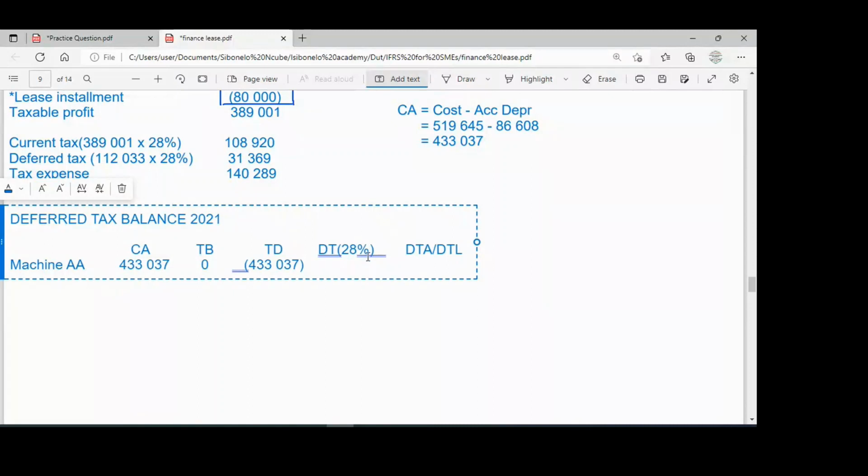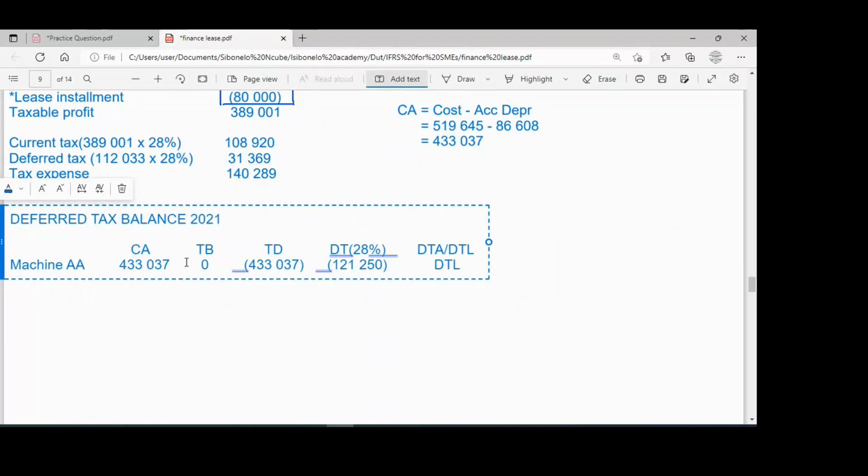So now the difference we multiply by 28%. 433 times 28%. Who might deferred tax liability gamali? 121,250. So we are stating lapha this is DTL.